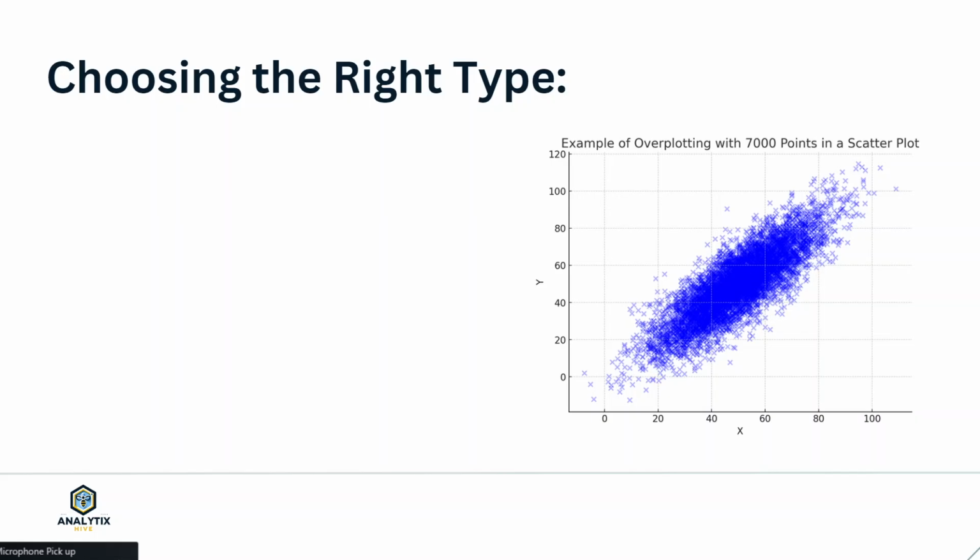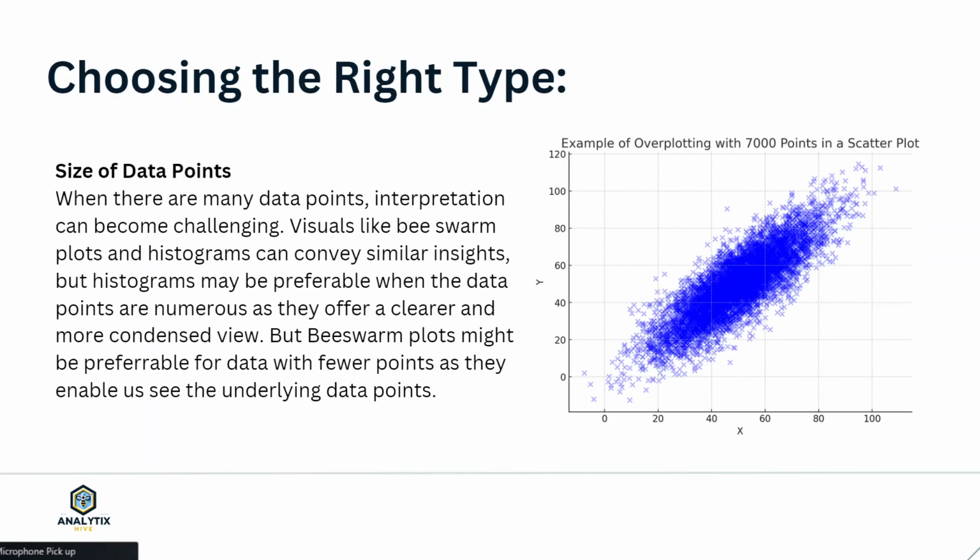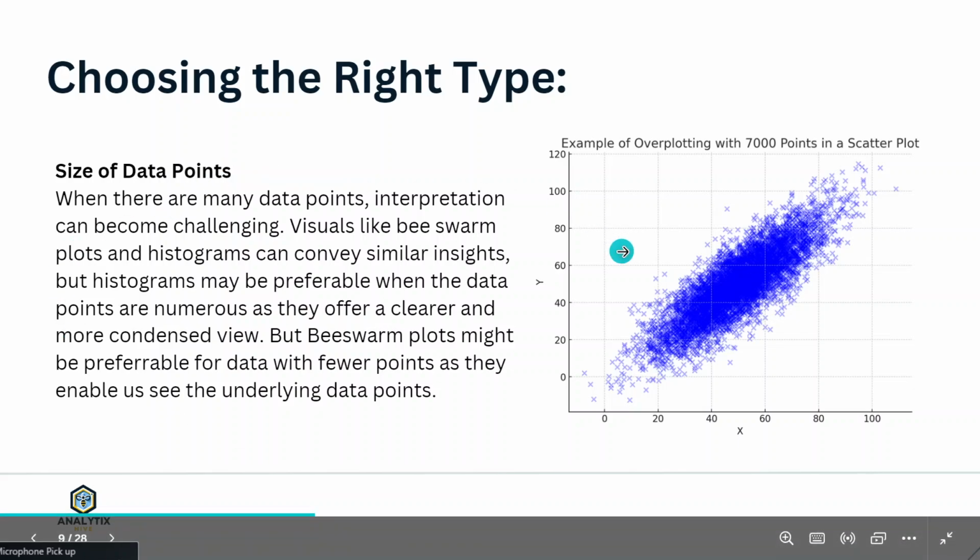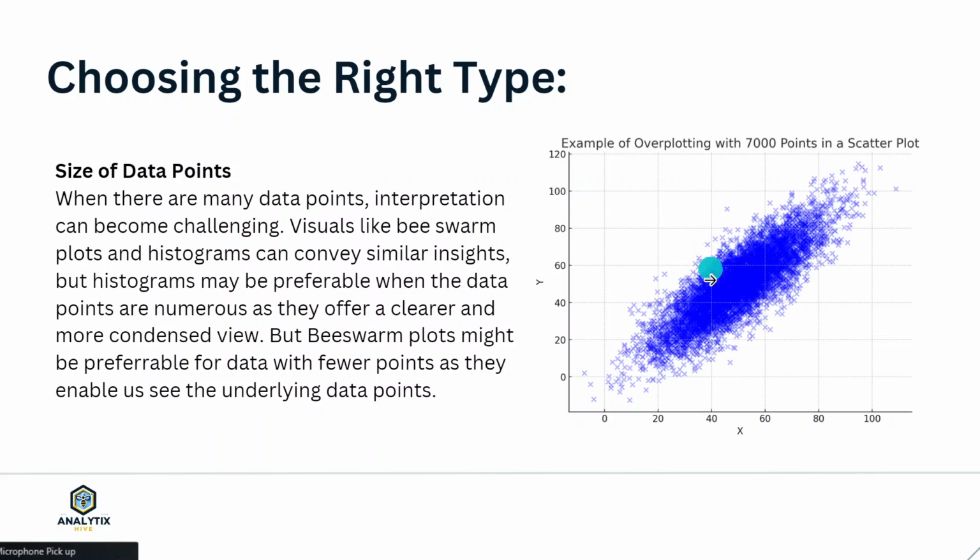Now, the fourth thing to consider is the size of your data points. As you can see in the chart here, we have a very messy kind of visual, in the sense that there are too many points here, and it's difficult to unravel what is really going on, right?